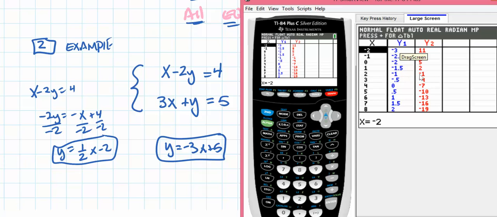If I move my cursor down, you can see that if we plug in a 2 for x, we get a negative 1 out for both y1 and y2, referring to these lines over here. So this indeed verifies that the solution to my system of linear equations would be 2, negative 1.